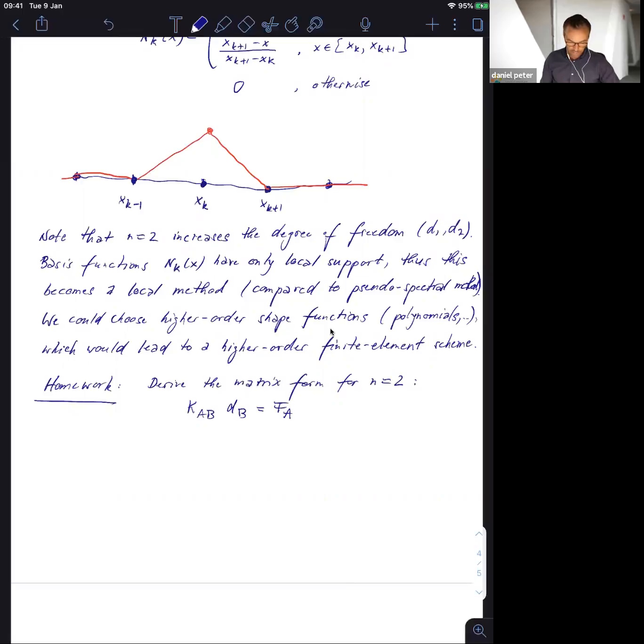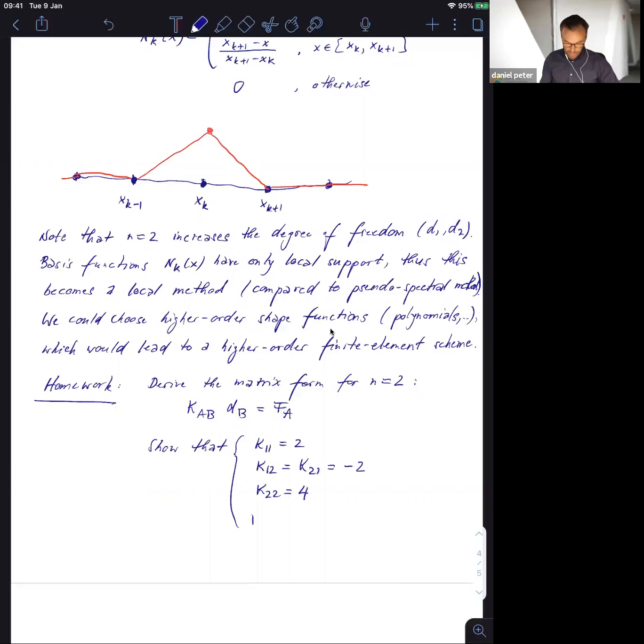And I give you this solution so that you can compare it by yourself at the end. So show that in this example with 2 elements, we have k11 is equal to 2, k12 is equal to k21 is equal to -2, and k22 becomes 4.